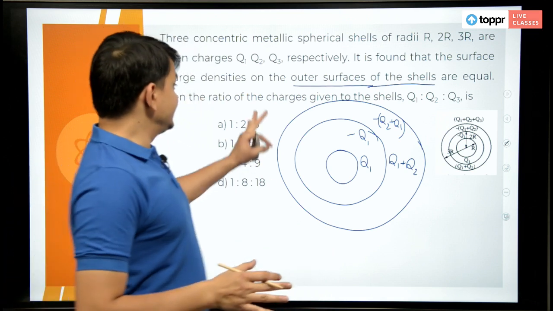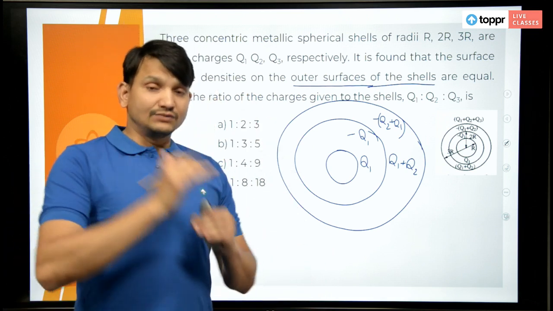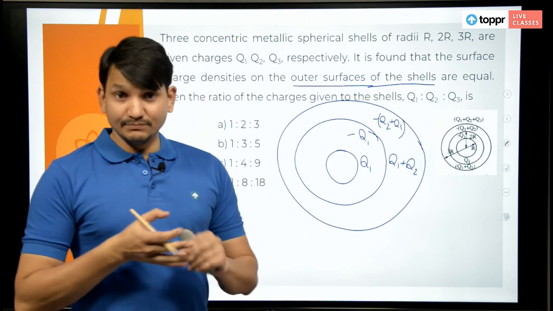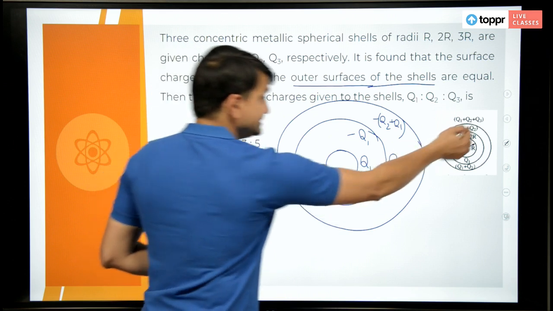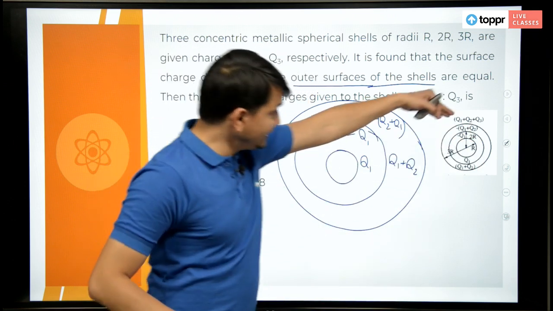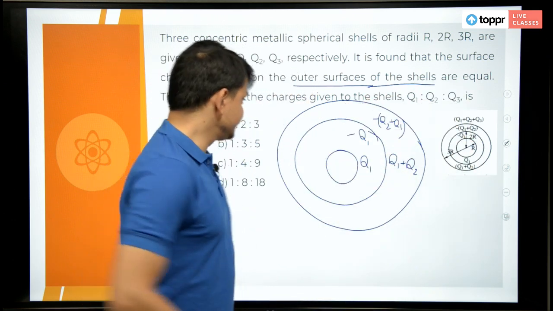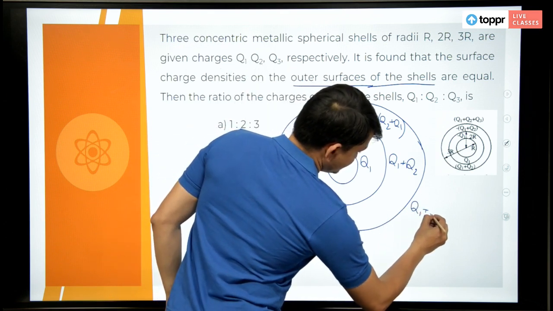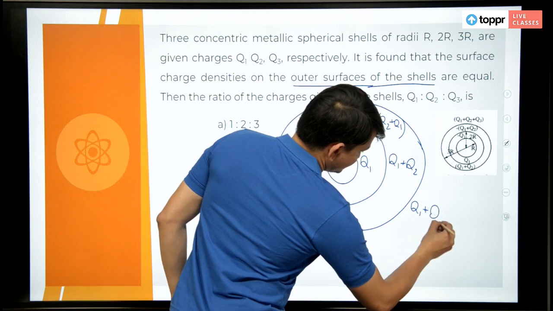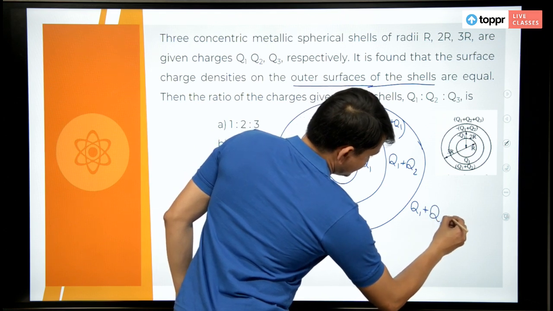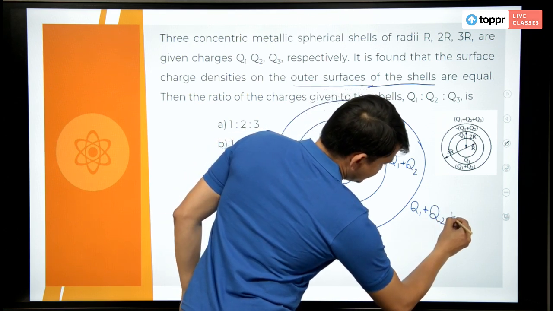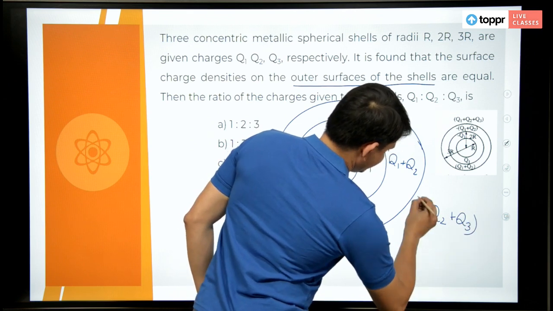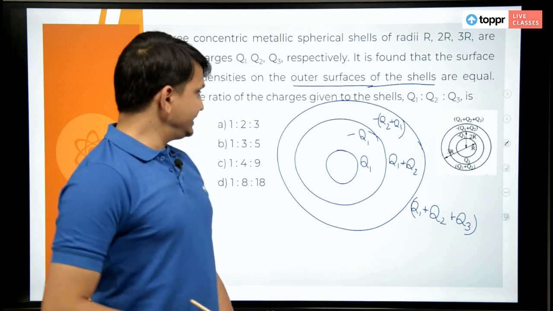That means the outer boundary of the outermost shell would be Q1 plus Q2 plus Q3, and this has already been shown here in the charge distribution. Now things are getting a little bit clearer.